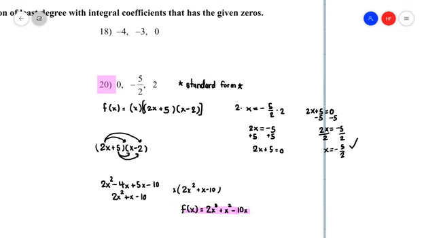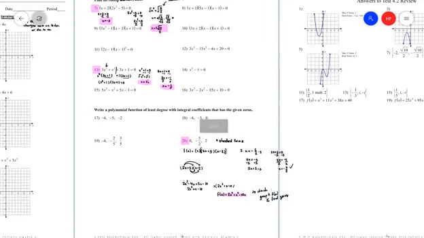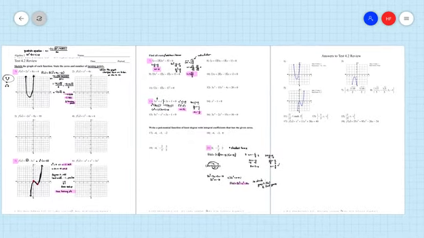And if you needed to check if you were correct, you could graph your function and find the zeros. And if your zeros match the zeros you were given, 0, negative 5 over 2, and 2, then you know that your function is correct. But that's just if you have a little bit of extra time to check your answers.